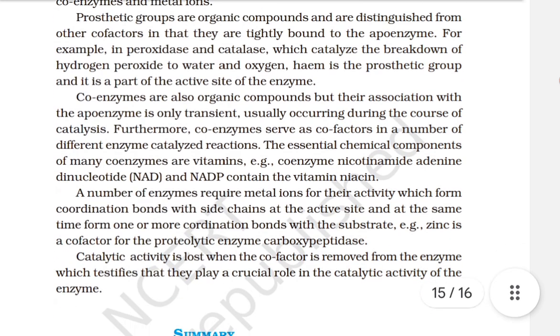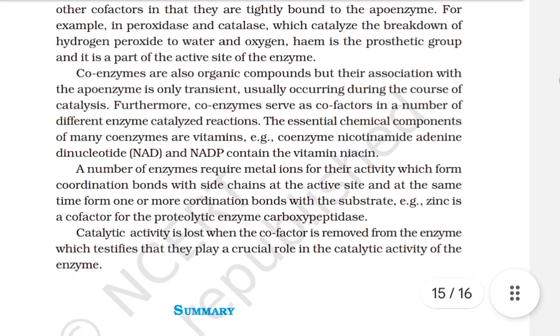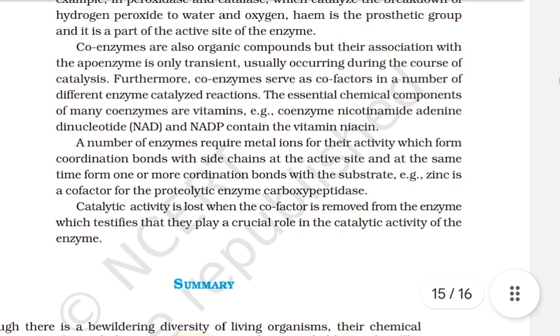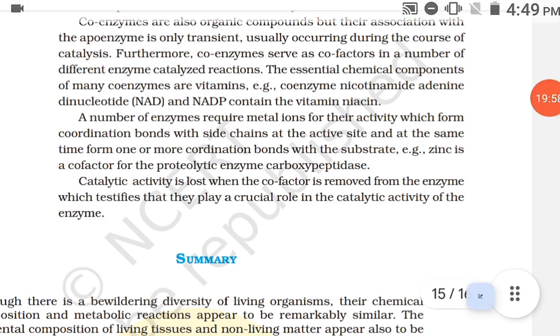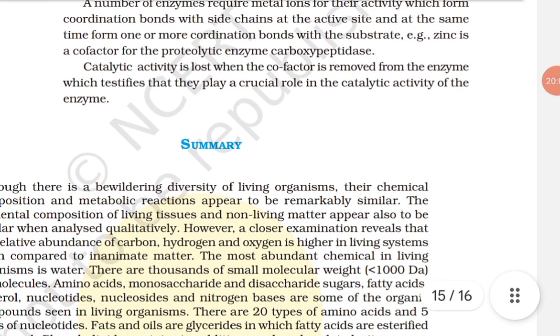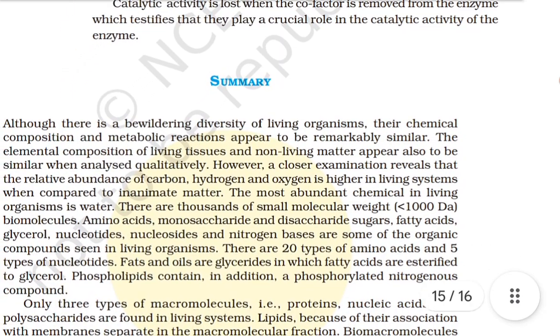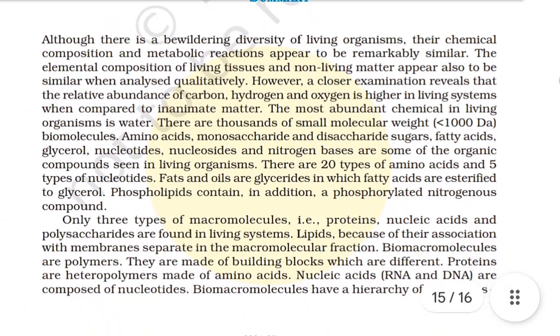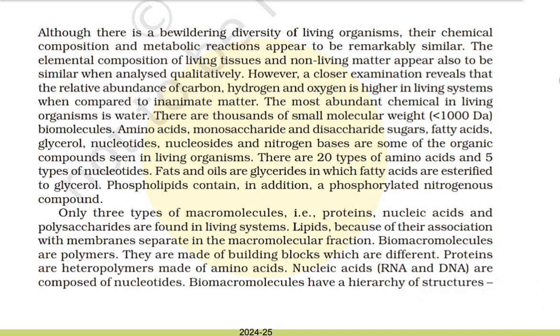They are denatured at high temperature. Enzymes lower the activation energy of reactions and greatly enhance the rate of reaction. Nucleic acids carry hereditary information and are passed on from the parental generation to progeny.